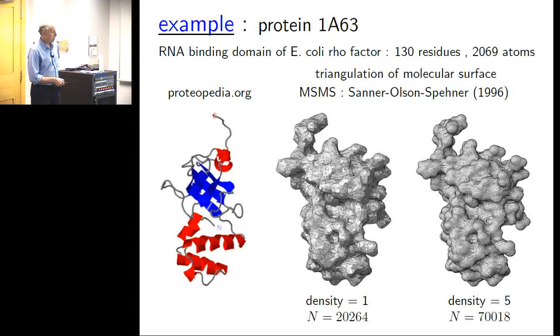You can specify the density of triangles per unit surface area, and specifying density 1 for this protein, you get 20,000 triangles. If you specify density 5, you get 70,000 triangles. You get a smoother, more precise definition of the molecular surface. So we take this as input to our numerical method, okay? And this separates the protein cavity from the solvent domain, as we've seen.